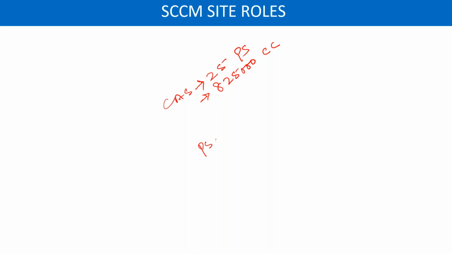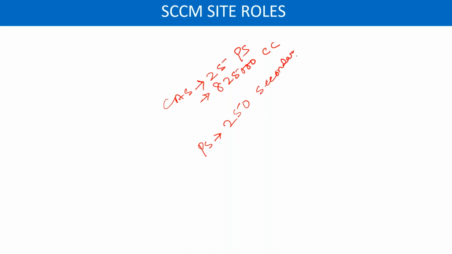Now for a primary site, how many secondary sites does it support? Primary site supports 250 secondary sites.